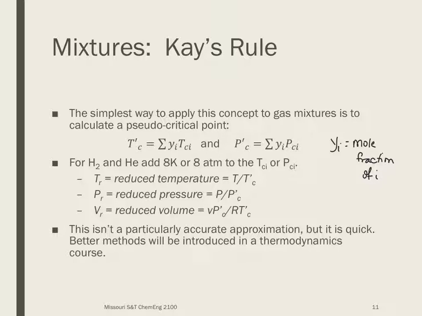Again, for hydrogen and helium, you would add 8 Kelvin or 8 atmospheres to the Tc,i for those. Once you have this pseudo-critical value, then you're simply going to use it like you would for a normal gas. You just calculate the reduced temperature as T over Tc, but it's that pseudo-critical temperature. And similarly for the reduced pressure or the reduced volume.